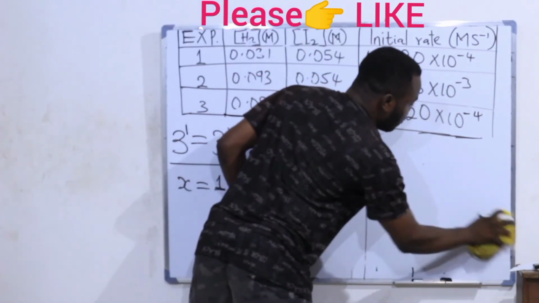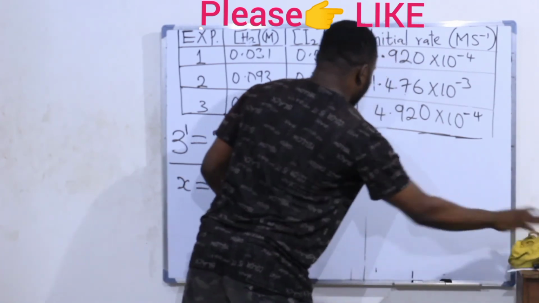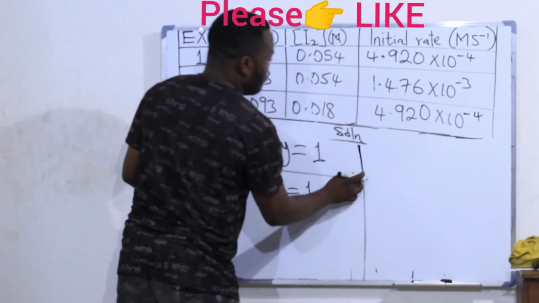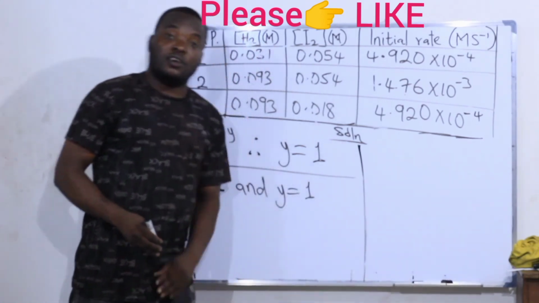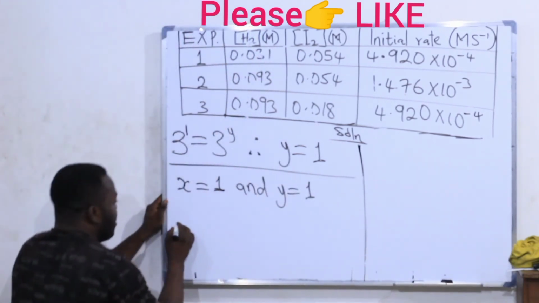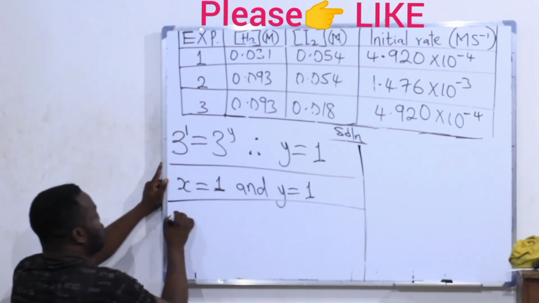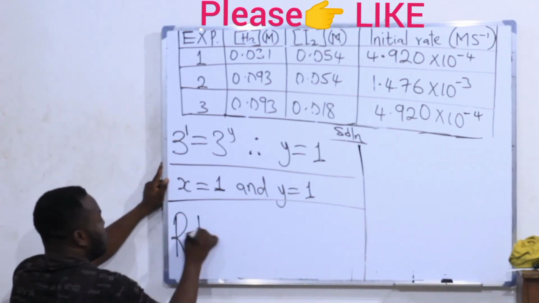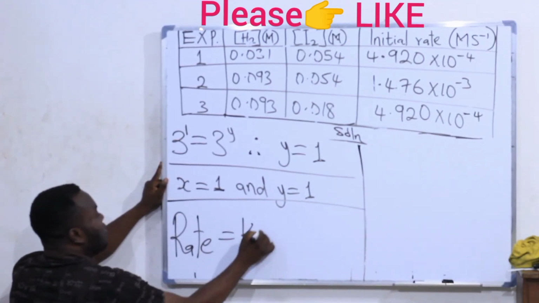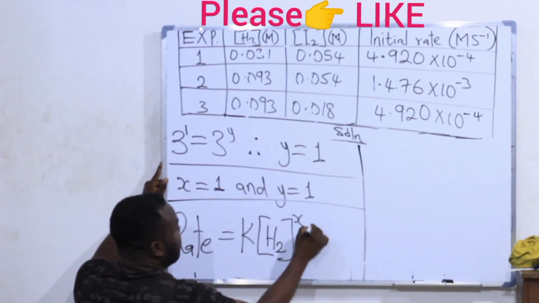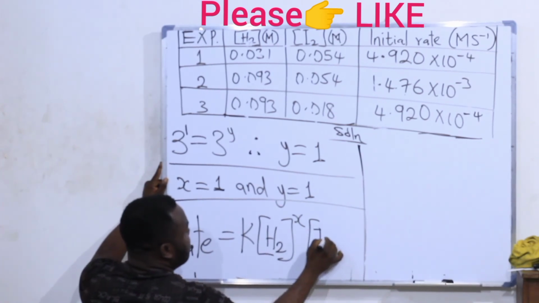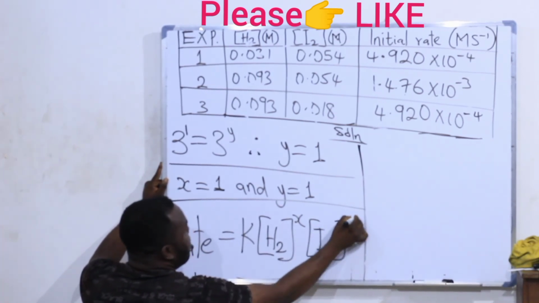Question number 1 says, find the order of the reaction with respect to hydrogen. Now, let me rewrite the equation. My rate is equal to the rate constant times hydrogen raised to power x and iodine raised to power y.